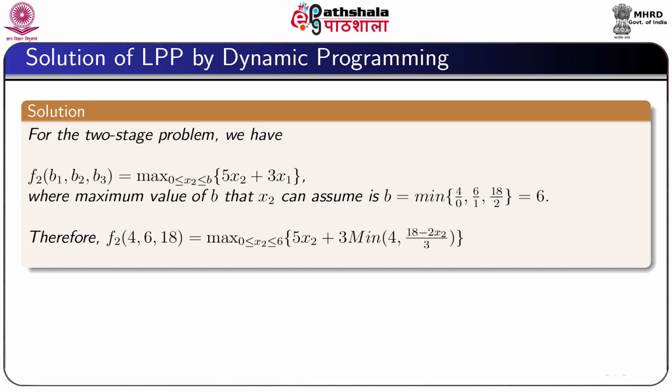Therefore, f 2 of 4, 6, 18 equal to the maximum of 5 x 2 plus, we put the value of x 1 here, that is 3 into the minimum of 4 and (18 minus 2 x 2) by 3.